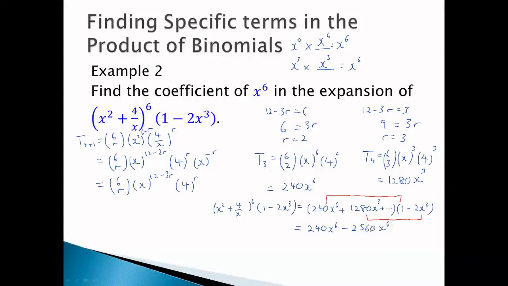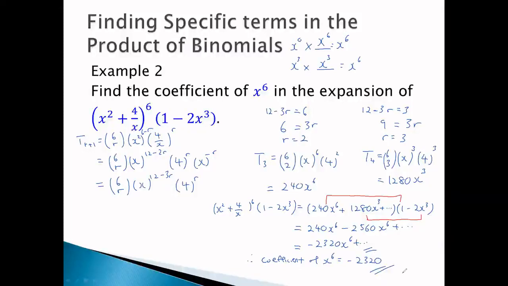No, x to the power 6. Okay, which is, actually I still have to put my plus dot dot dot, equals 240 minus 2560, which is minus 2320 x to the power 6 plus dot dot dot. Okay, and therefore the coefficient of x to the power 6 equals negative 2320.